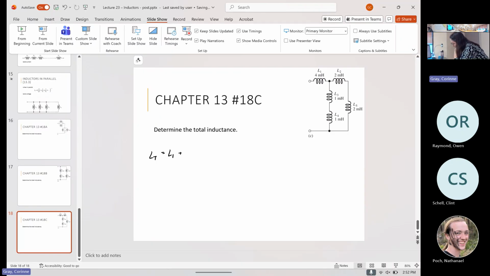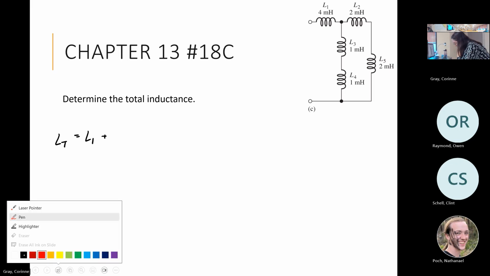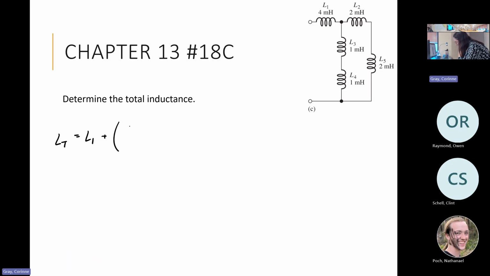So L1 is in series with this ugly mess of a thing over here. So I'll have 1 over L3 plus L4, plus 1 over L2 plus L5, inversed.